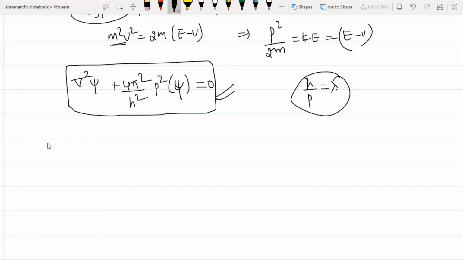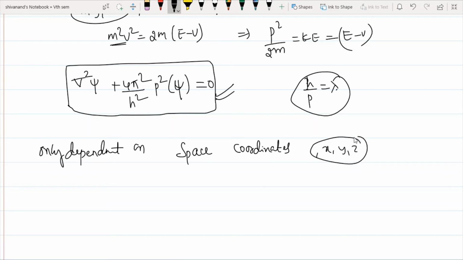So this equation is only dependent on space coordinates, right? Space coordinates, that is nothing but x, y and z in 3 dimensions.